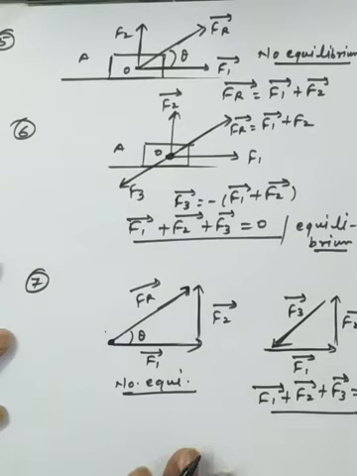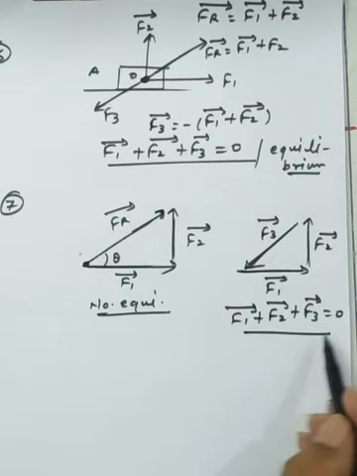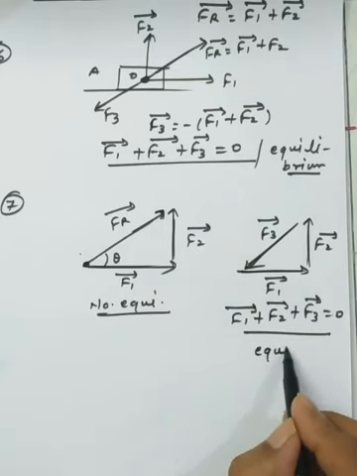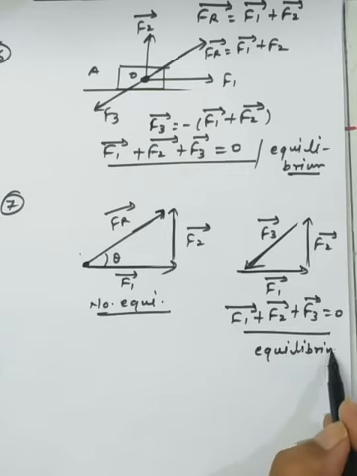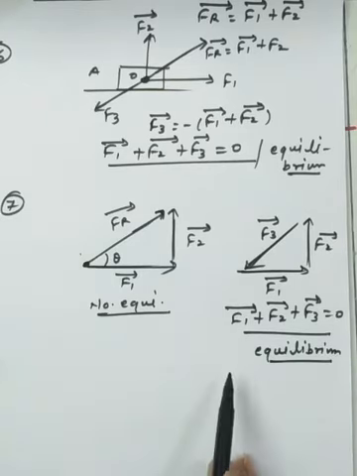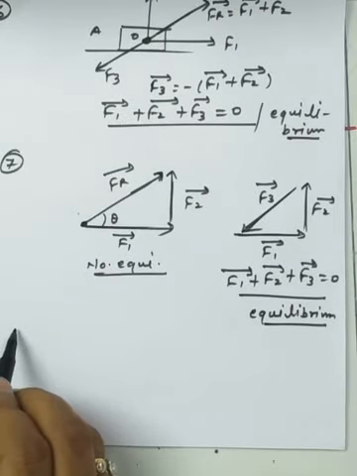So this is the condition we have, called the condition of equilibrium, and all the forces are known as concurrent forces. If the forces are in a cyclic order, their resultant will be equal to 0. Now the next example we can take here.